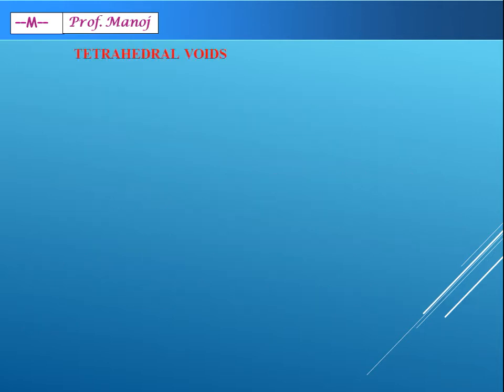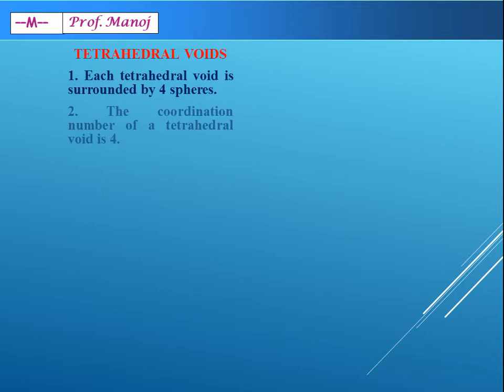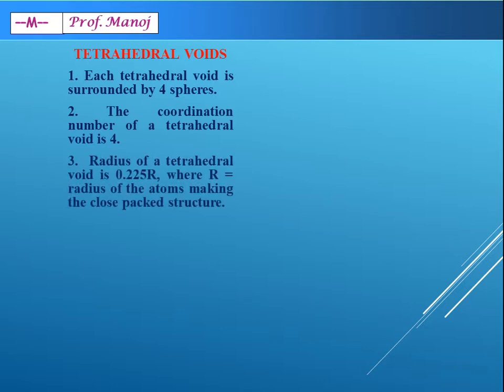Let us see a distinction between these two voids. A tetrahedral void is surrounded by 4 spheres. The coordination number of this tetrahedral void is always 4. The radius of this tetrahedral void is 0.225 times the radius of the atom which is making the close packed structure.